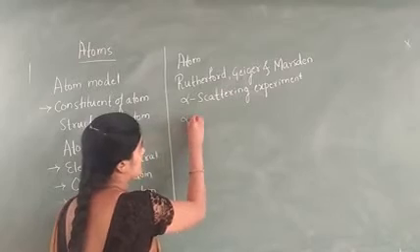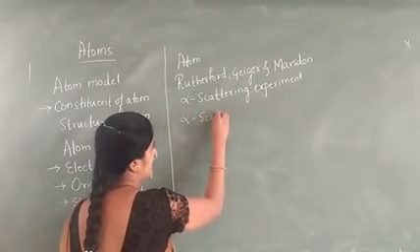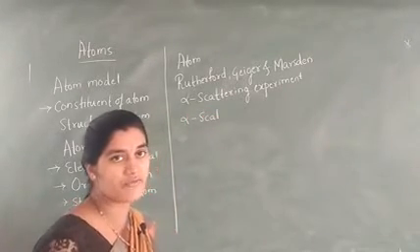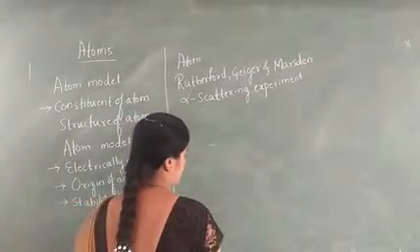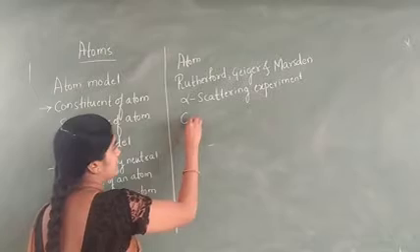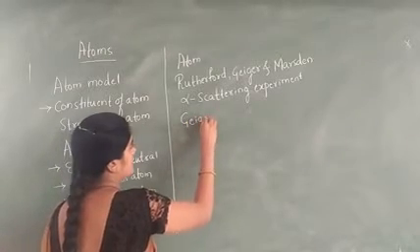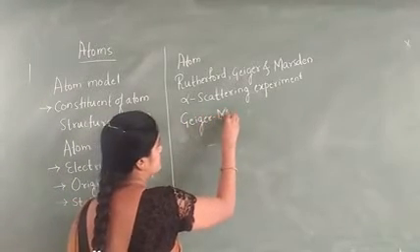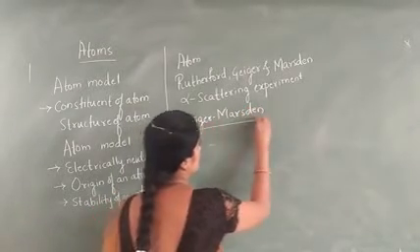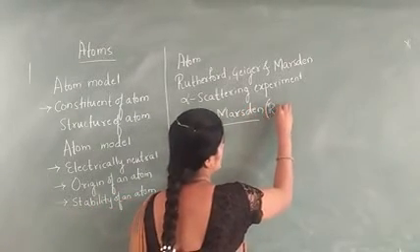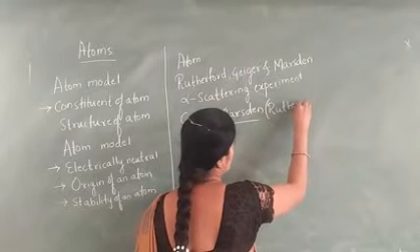Next we are studying the alpha scattering experiment. Its name can be the Geiger-Marsden or the Rutherford experiment.